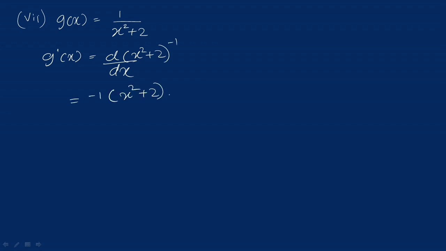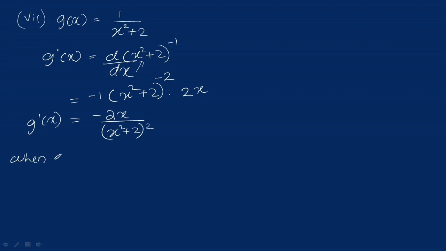So d by dx of x square plus 2 whole raised to minus 1, that is minus 1 into x square plus 2 whole raised to minus 2 into d by dx of x square, that is into 2x. So we have g dash of x is equal to minus 2x by x square plus 2 whole square. When g dash of x is equal to 0, we have minus 2x into x square plus 2 whole square is equal to 0, or minus 2x is equal to 0, or x is equal to 0.